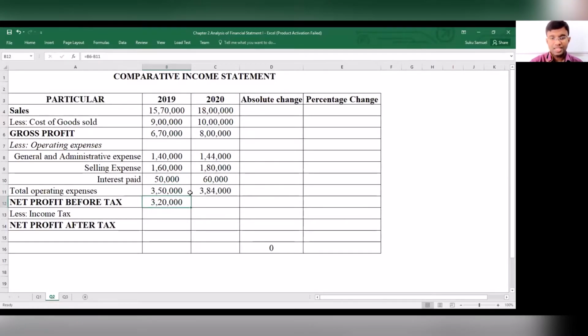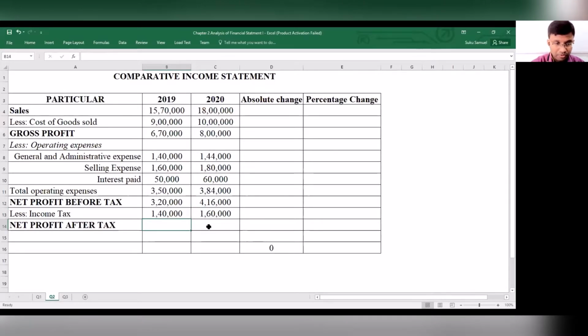So for year 2019, that works out to be 3,20,000, and for year 2020, it works out to be 4,16,000. Now we have to compute the income tax. Income tax for year 2019 is 1,40,000, and here it is 1,60,000.